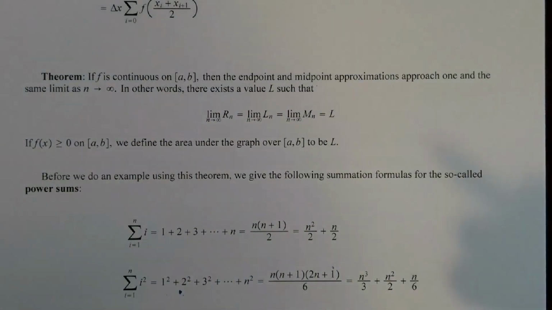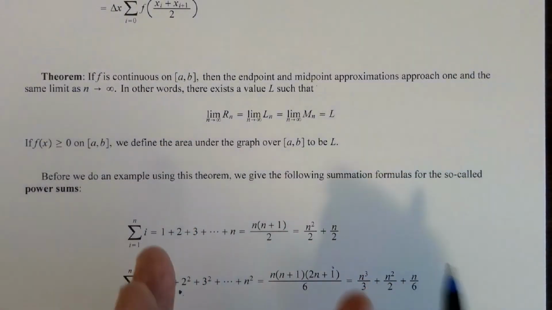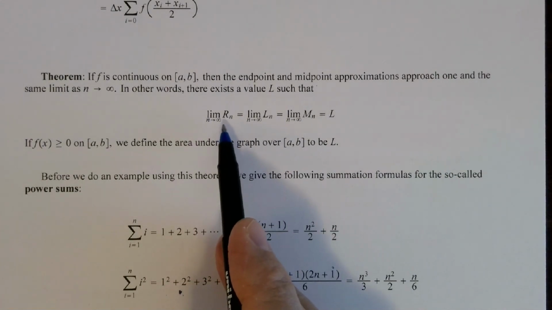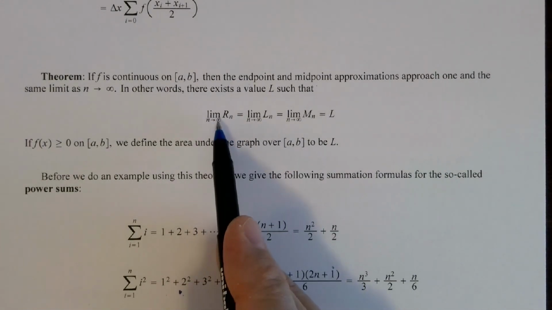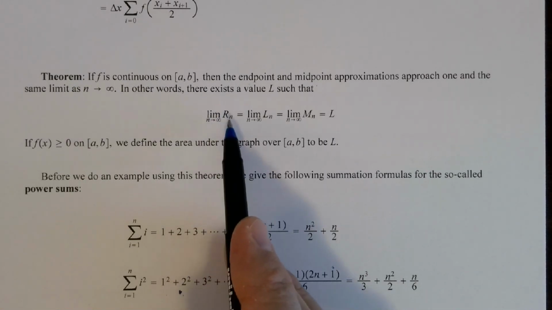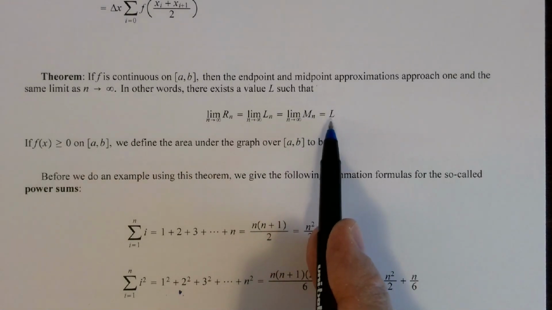You remember I was looking at the table of Rn and Ln for our example, how the values were getting closer and closer to each other? Well, in fact, as n continues to get bigger and bigger, and we take the limit as n goes to infinity, I hope you remember limits at infinity, of each of these quantities, the right hand, left hand, and midpoint, they're all going to equal a fixed number L, okay?